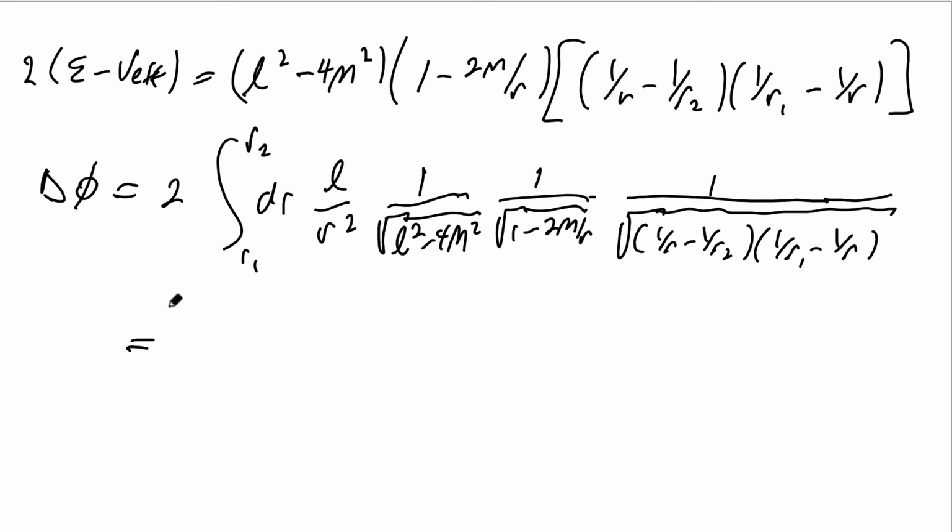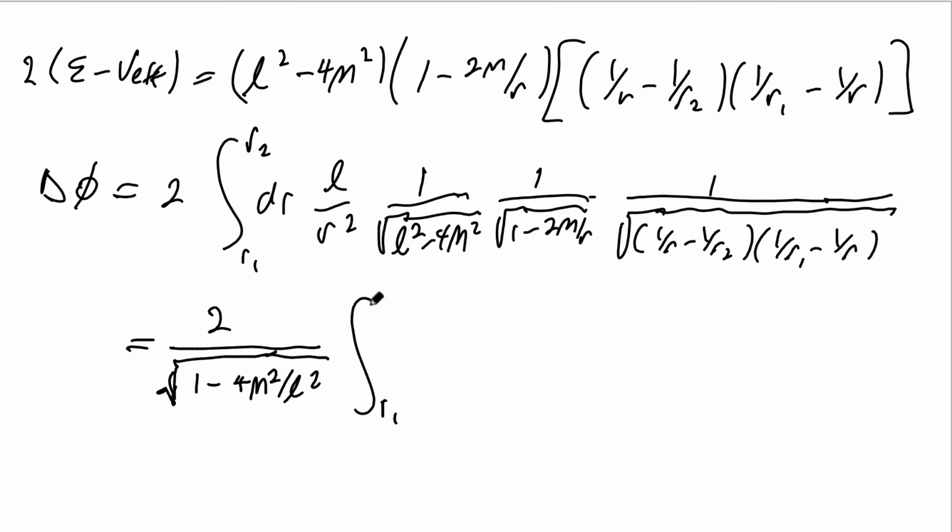Let's simplify this. We have 2, and we have the L over square root of L squared minus 4m squared can be written as 1 minus 4m squared over L squared. And actually I've assumed L is positive in absorbing it into this square root term. Times the integral from r1 to r2 of dr times 1 over r squared.